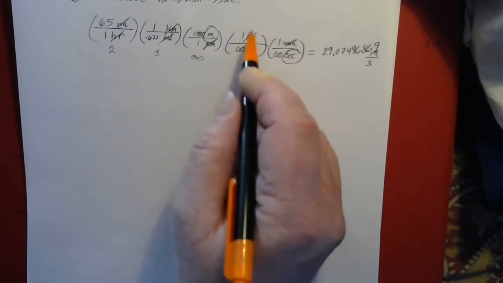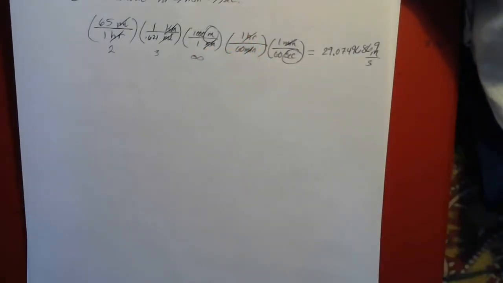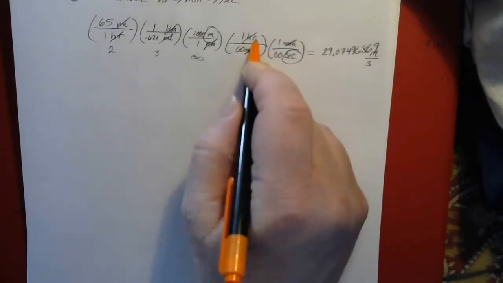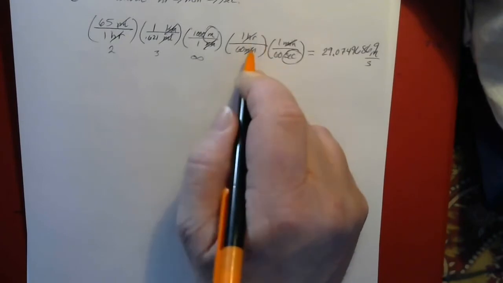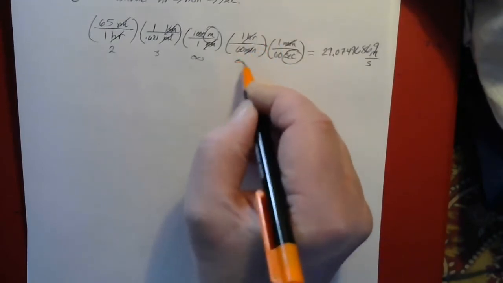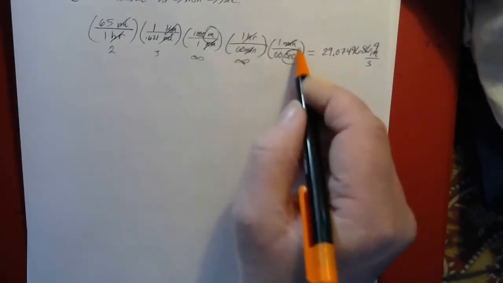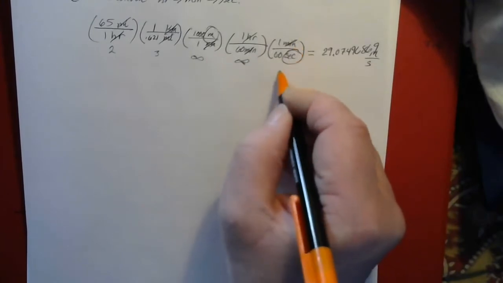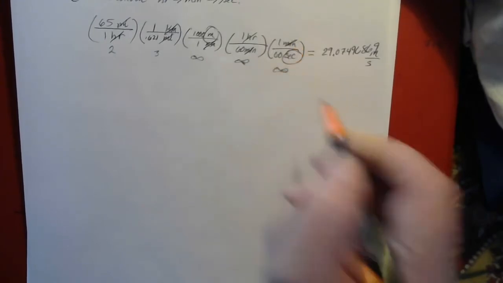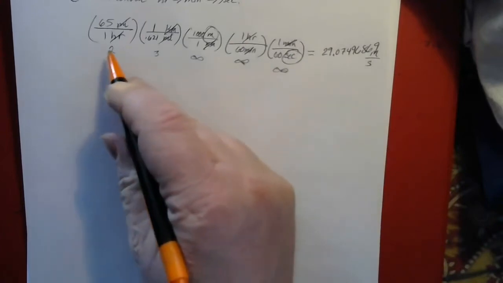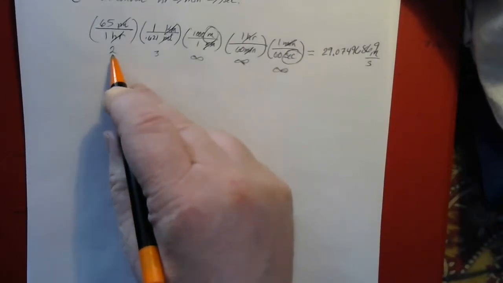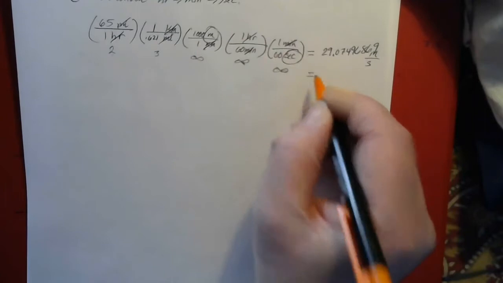Hours to minutes, hours and minutes are both metric and English. But anyway, 60 minutes being equal to 1 hour, that is a definition, so that's considered infinite also. And 1 minute being 60 seconds is also a definition, so that's also infinite. So it looks like 2 significant figures is what we're supposed to have here.